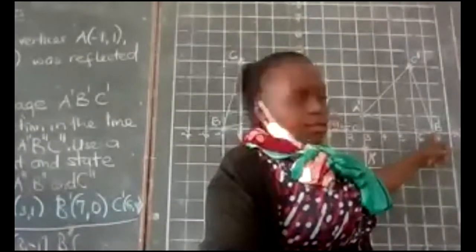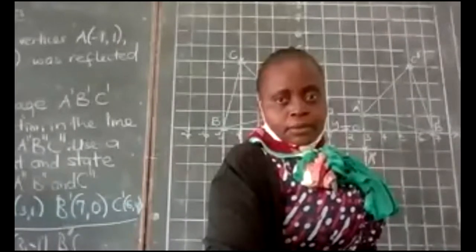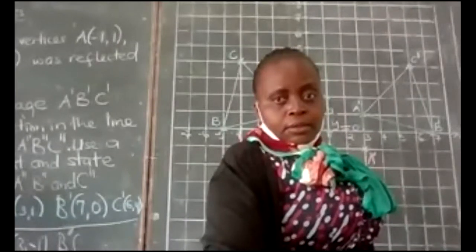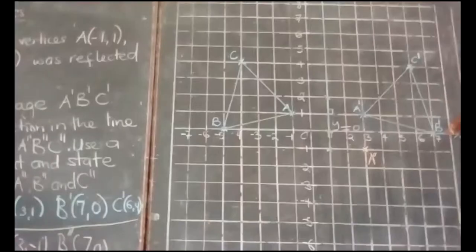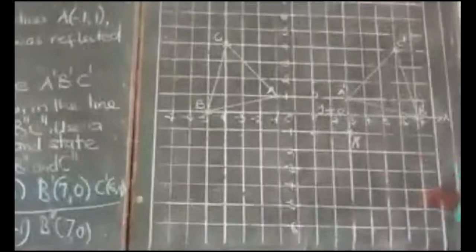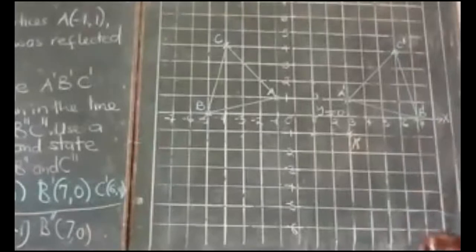Unmute and submit. The coordinates for B double prime are 7, 0. Yes, since this point B prime is on the mirror line, the image will have the same point. So we have 7, 0 as B double prime.